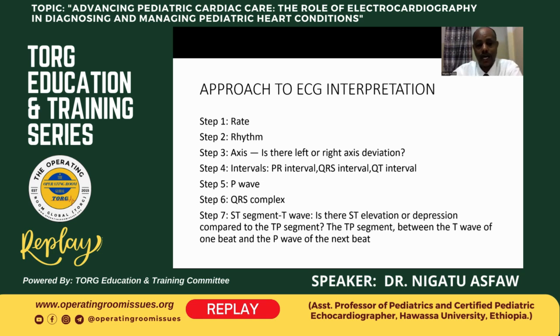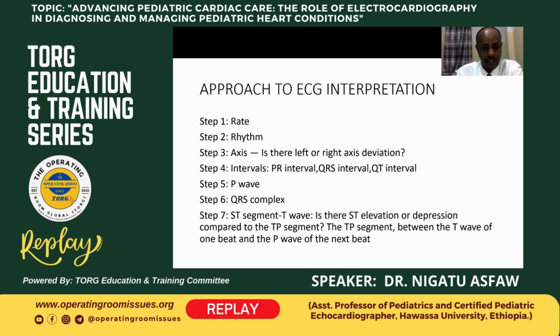So the first half of the P wave shows right atrium depolarization, whereas the second part shows left atrium depolarization. If there is a peaked P wave, that means there is right atrial enlargement. If the P wave is bifid or broadened, that means there is left atrial enlargement.